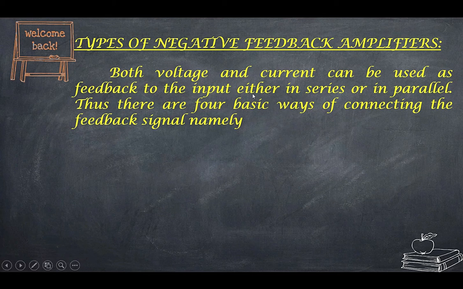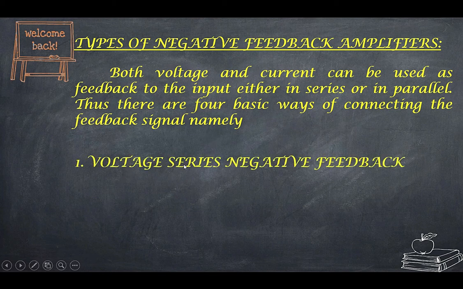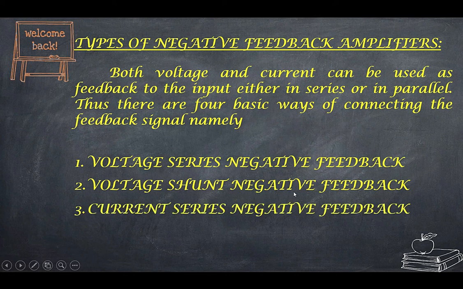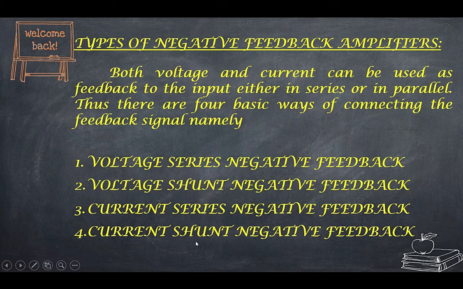So if we consider all these things, there are four basic ways to connect the feedback signals, namely voltage series negative feedback. Second one, voltage shunt negative feedback. Third one, current series negative feedback. Fourth one, current shunt negative feedback.